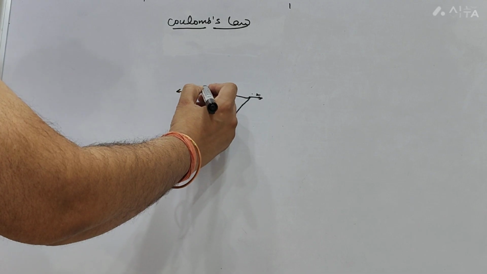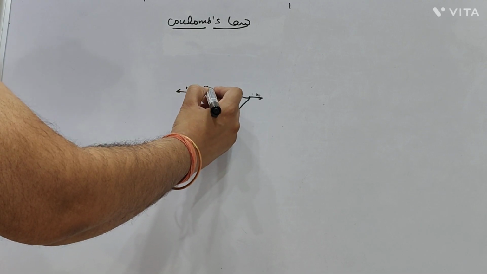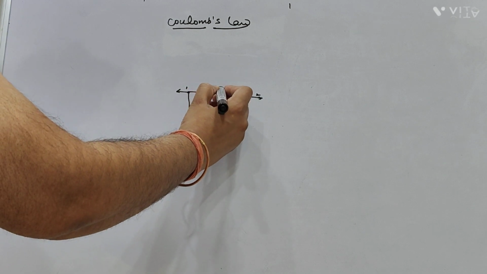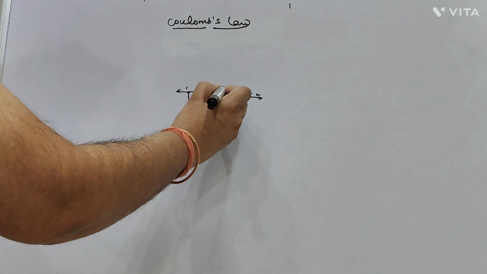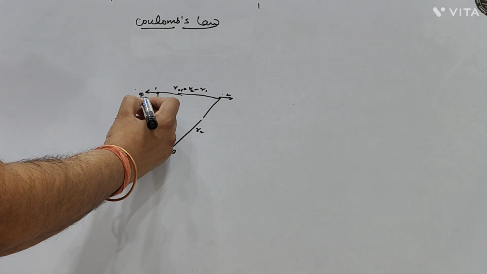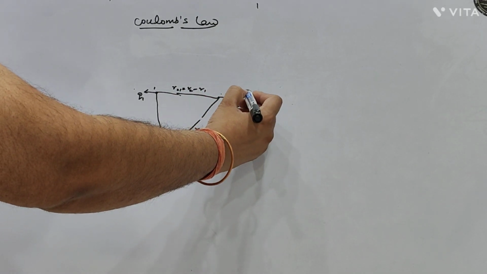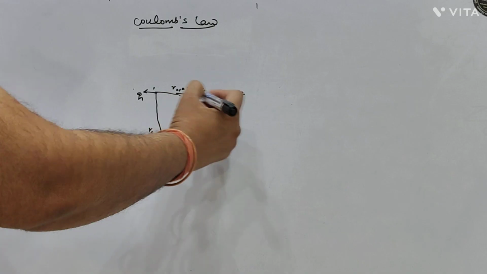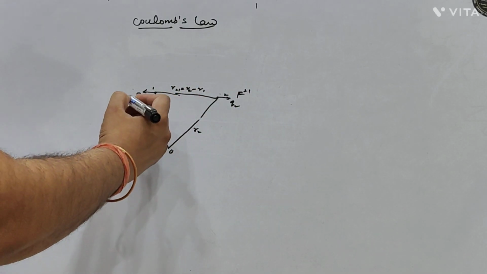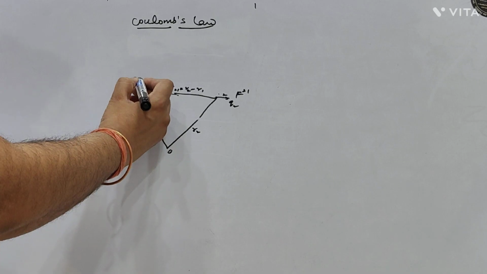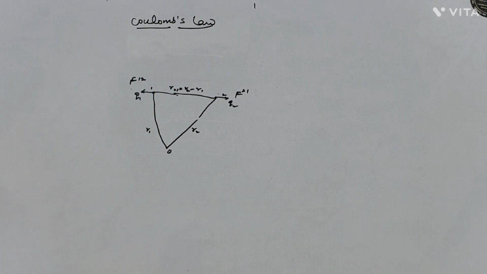Then the distance between them is denoted by R21, which is equal to R2 minus R1. This one is the Q1 charge, this is the Q2 charge. The force acting on Q2 due to Q1 is F21, and the force acting on Q1 by Q2 is F12.